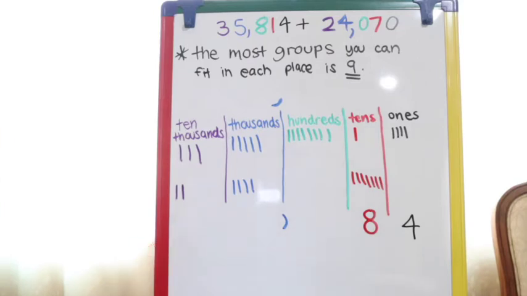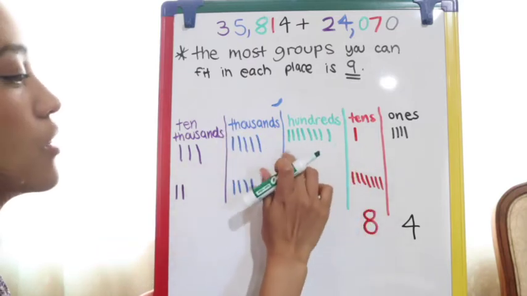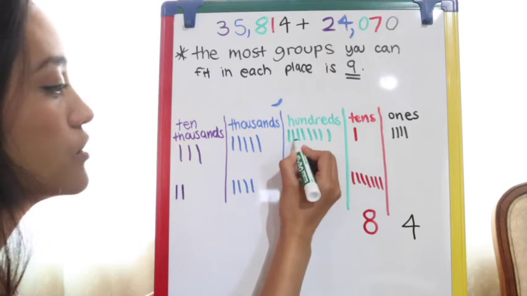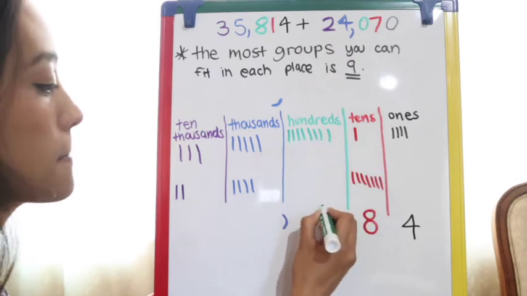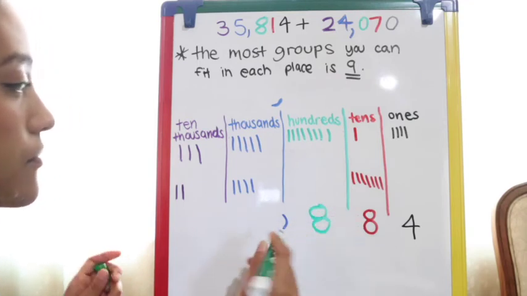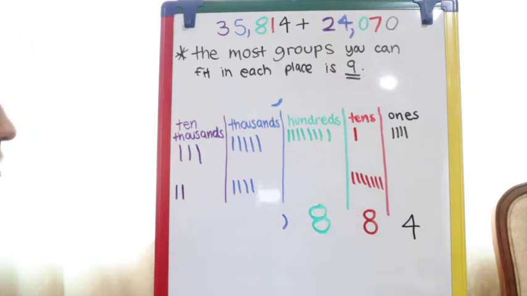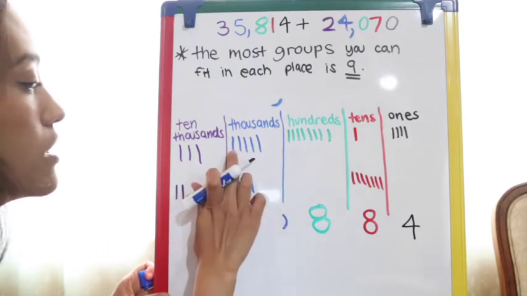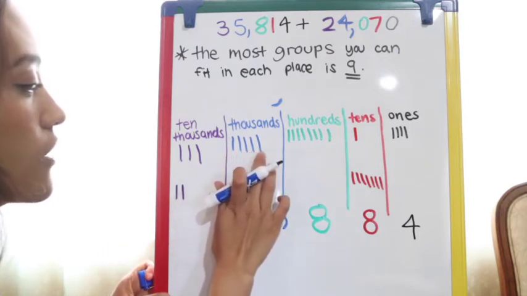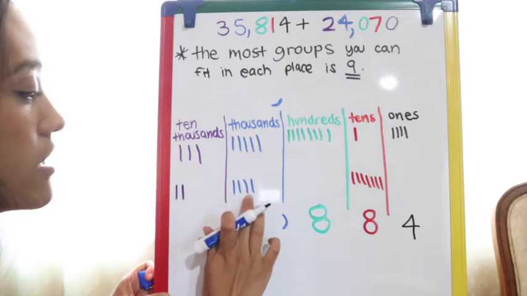I'm going to count our hundreds. 1, 2, 3, 4, 5, 6, 7, 8. And lastly, our thousands. 1, 2, 3, 4, 5, 6, 7, 8, 9.